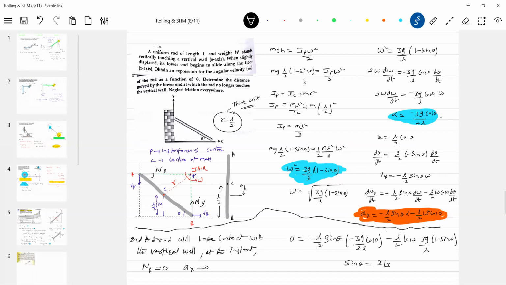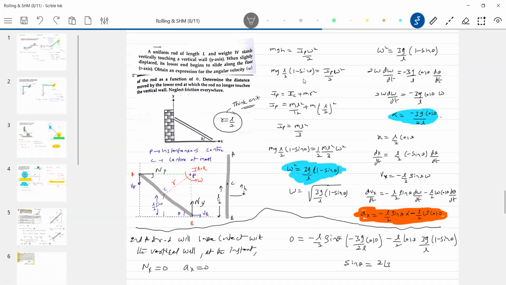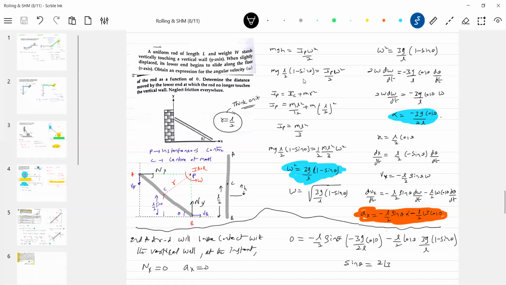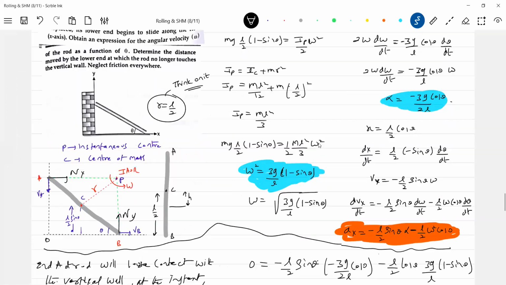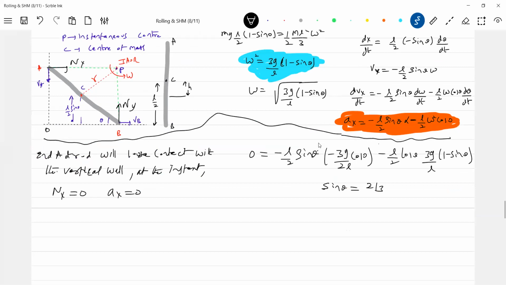The question is asking to determine the distance moved by the lower end at which the rod no longer touches the vertical wall. What do you mean by the distance moved by it? I think we should calculate this particular distance OB. OB should be equal to L cos theta, and we know sine theta.